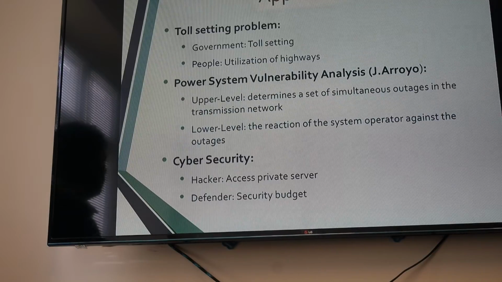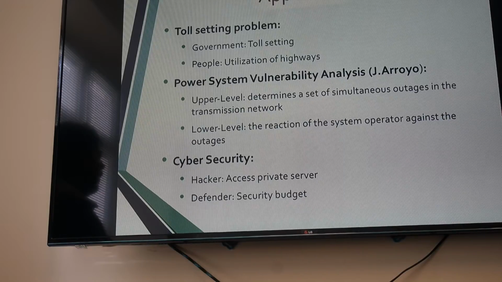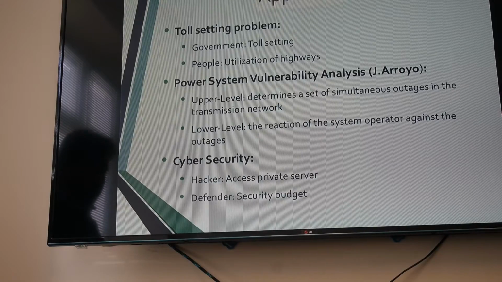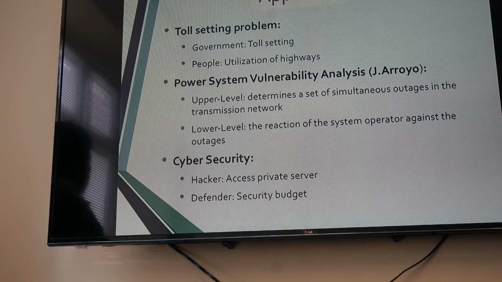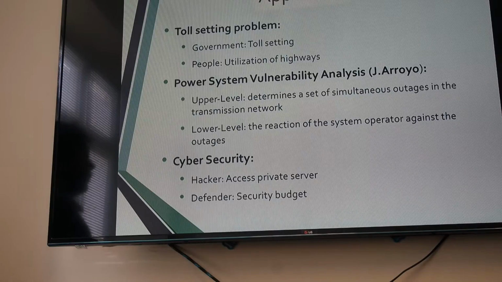Before we get into the mathematical definition, I will just show some well-known applications for bi-level programming, and there are few. There are not so many applications because it's very difficult to solve these types of problems. One of the applications is the toll setting problem. The high level here is the government. The government tries to set the toll in order to maximize their revenue.